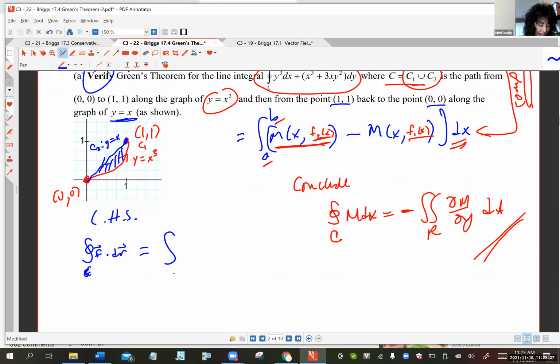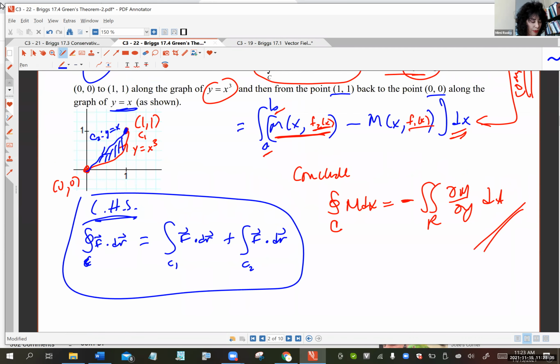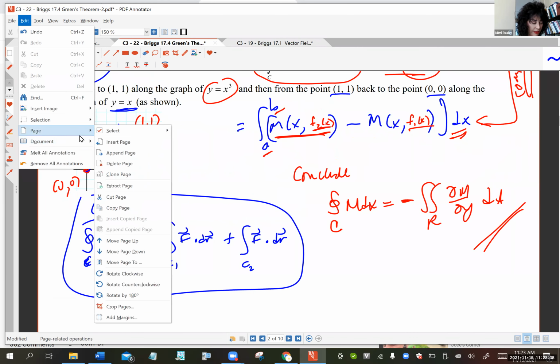So I'm going to have to do two separate line integrals, one for the first curve, the cubic, save that answer for later, and then add it to the result for the line integral along the second curve. So we're going to have to parameterize twice. I need some more paper because it's going to be a while.